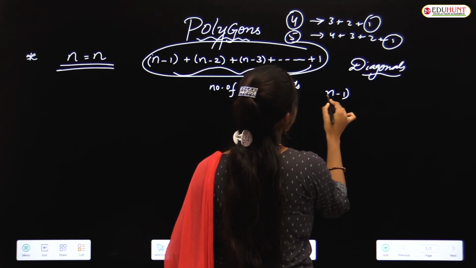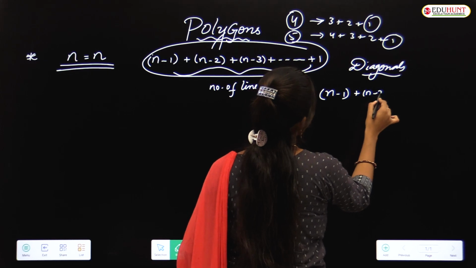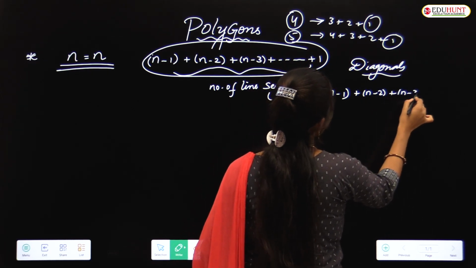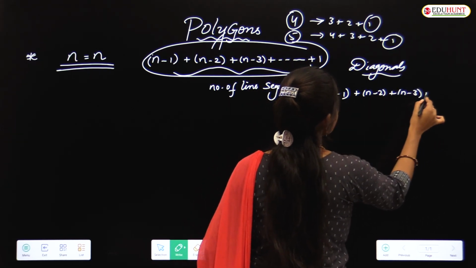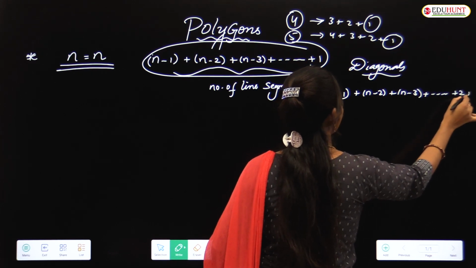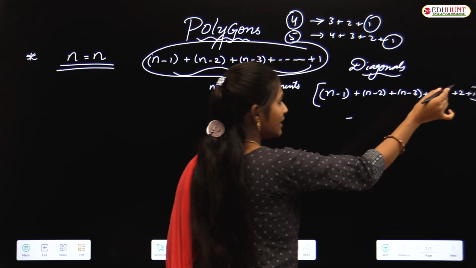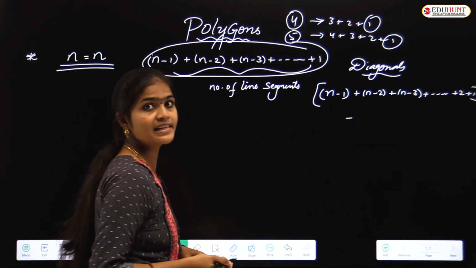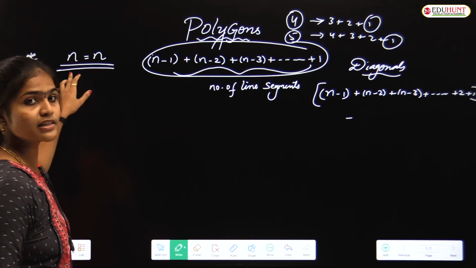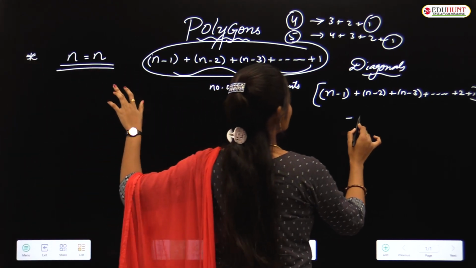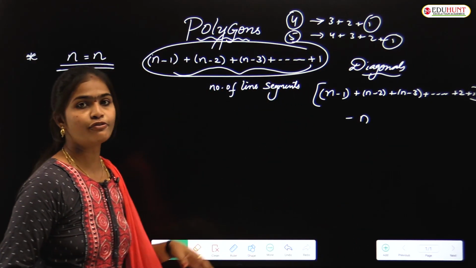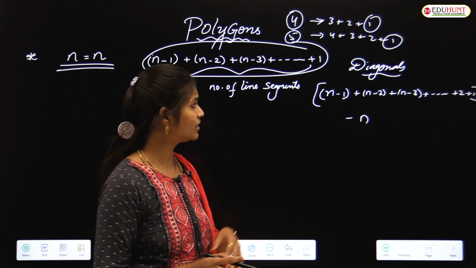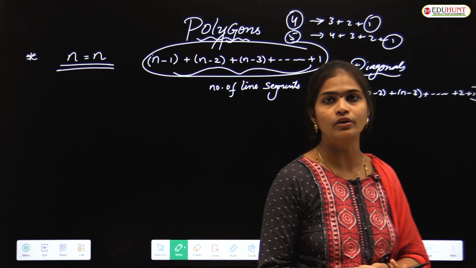So n minus 1 plus n minus 2 plus n minus 3 plus and so on plus 2 plus 1, minus the number of sides of the figure. The figure is n-sided, so minus n. This is the formula to find the number of diagonals of a given polygon.